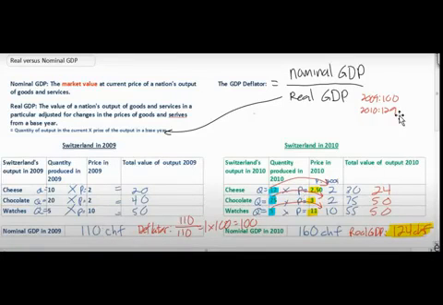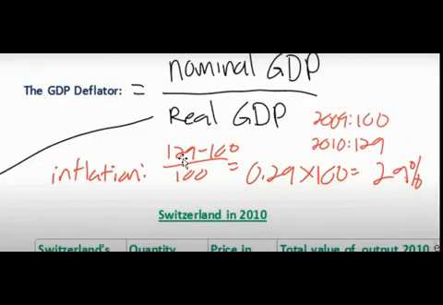Ito yung real GDP natin for the previous year or the base year. The real GDP for the present year is 129. The real GDP for base year is 100. Okay, present minus previous over previous. It will give you 0.29 times 100 ulit. It will give you 29%.